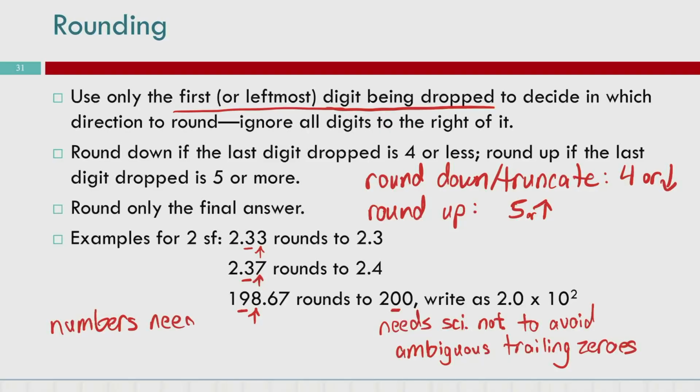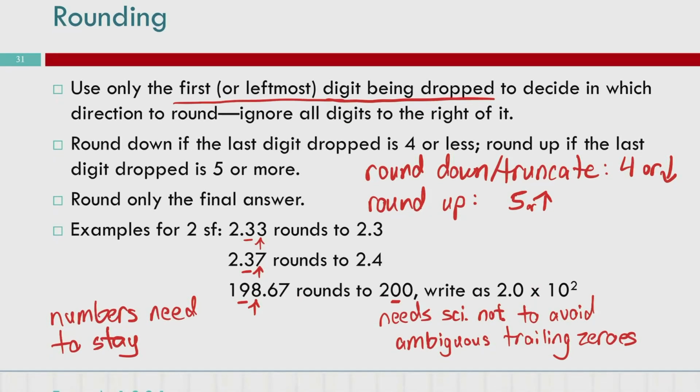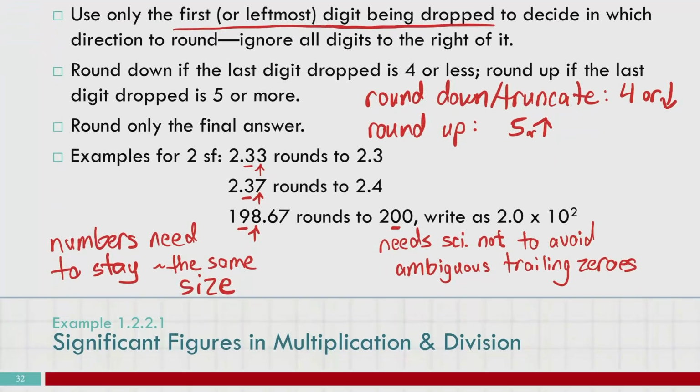Somebody would probably write 20. It shouldn't be 20, it should be 200. Little squiggle there, approximately. Need to stay at about the same size.